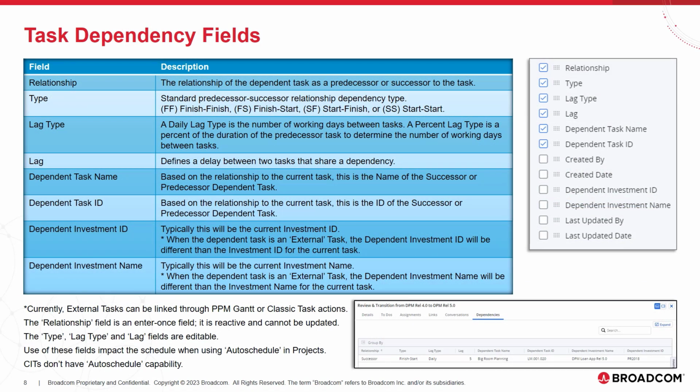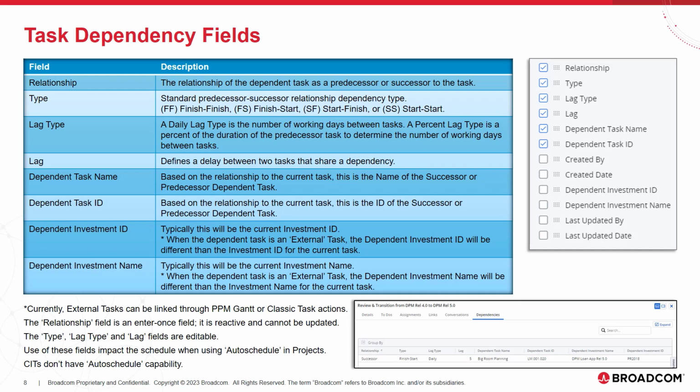Let's look at the fields available on the Dependencies subtab. By default, the grid displays the primary dependency property fields, such as the relationship of the dependent task, the type of relationship, and the lag time. If the lag type is daily, the lag number represents the number of working days between the task and the dependent task.